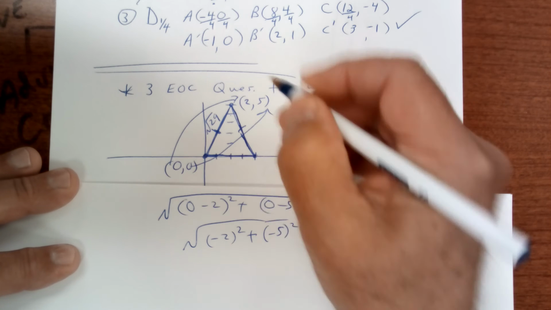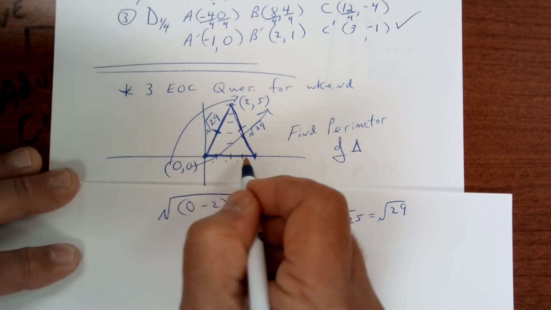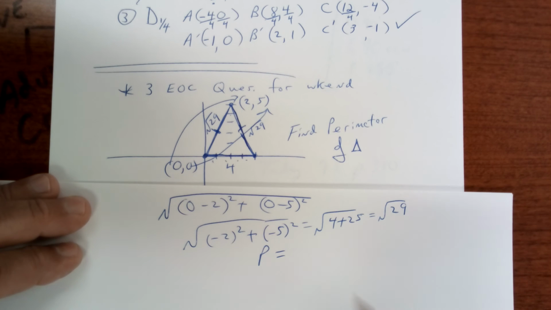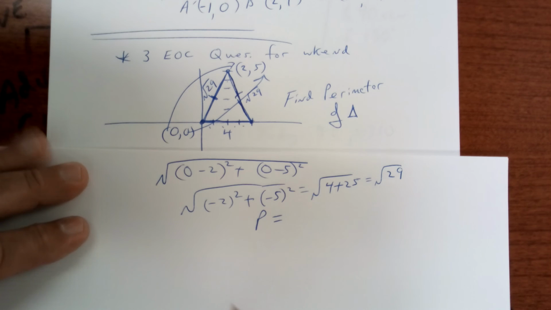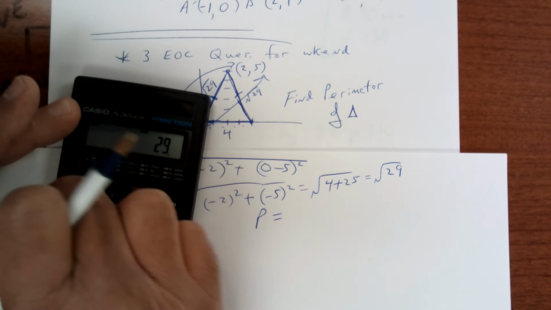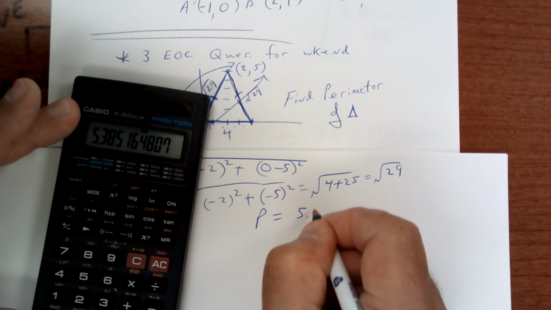This side is the square root of 29. And this side is 1, 2, 3, 4. We can just count those. So perimeter, and this is on the EOC, you should have seen it. So what we're going to do is take the square root of 29, hit shift, square root, and I get 5.4, roughly. But you got 2 of those.